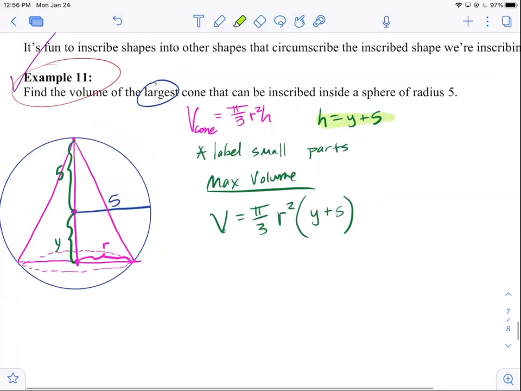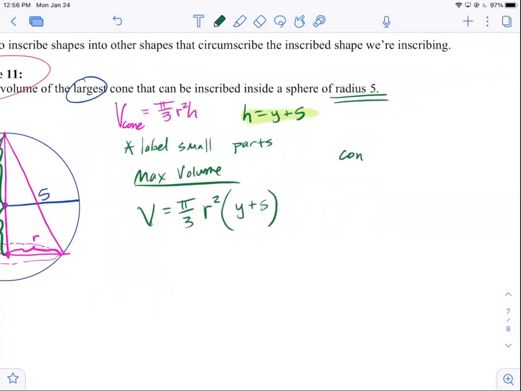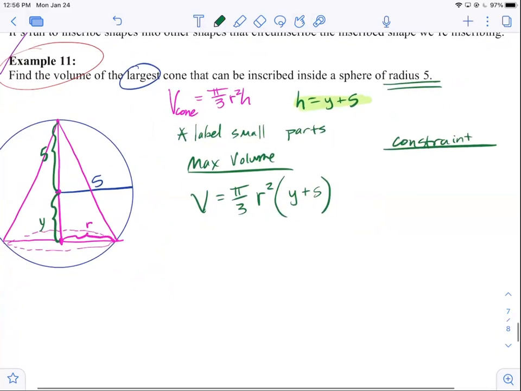What's the constraint? Well, the constraint is the sphere itself that has a radius of 5. So I need to somehow relate my radius, little r, to y to 5 in my sphere. So that's going to be your constraint equation or your auxiliary equation. How can I relate little r to little y to 5 in this problem?